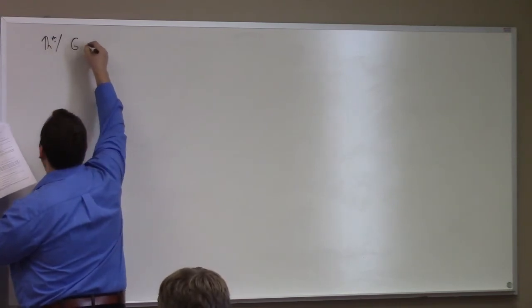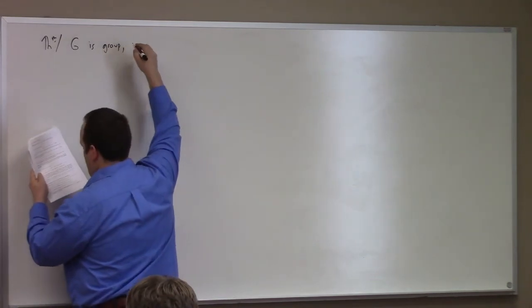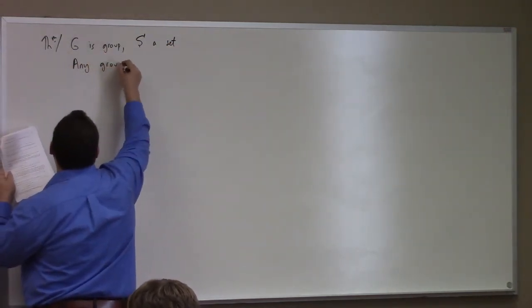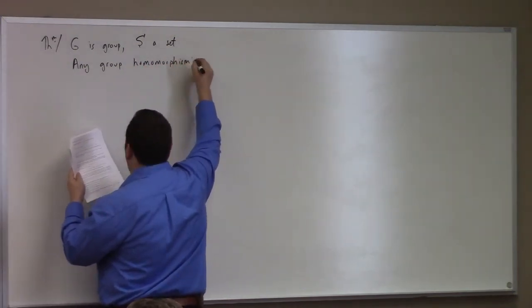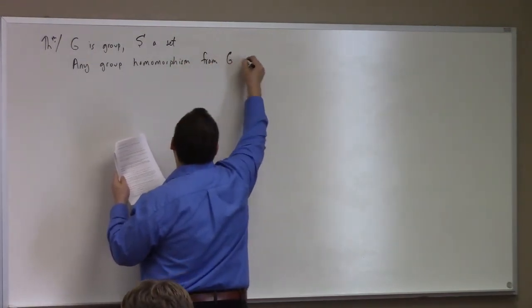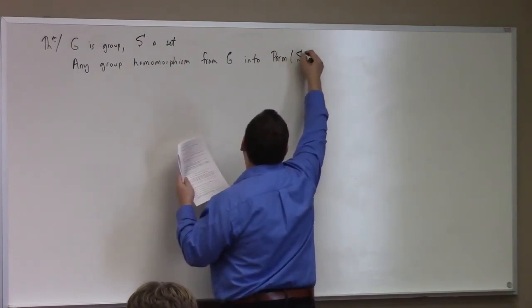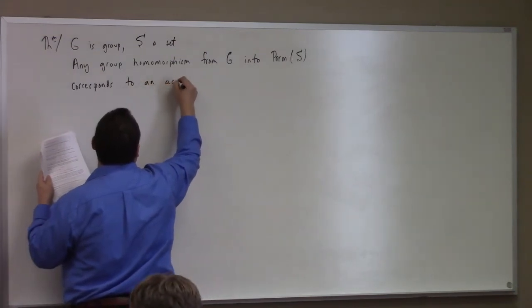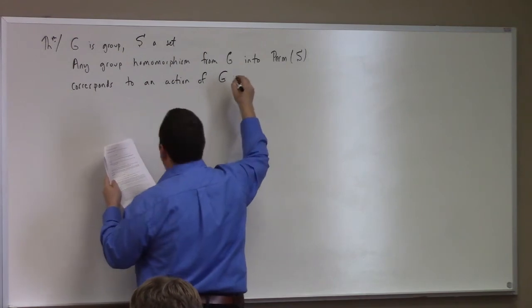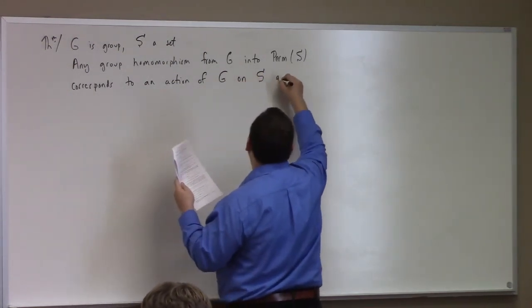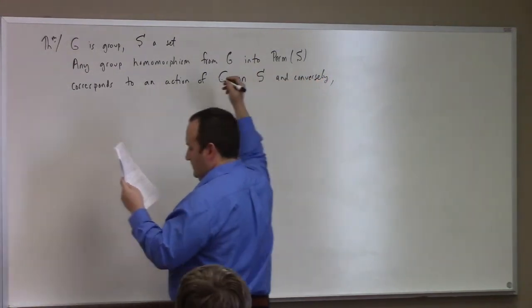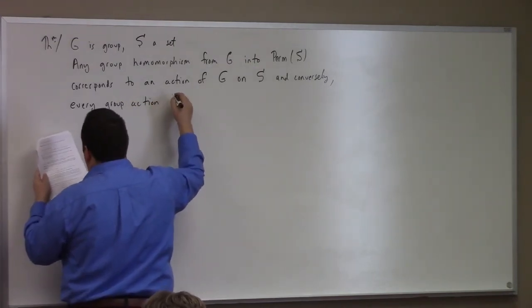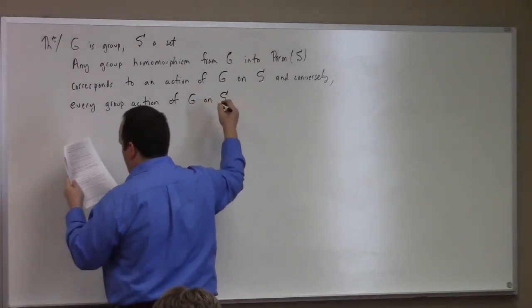If G is a group and S a set, then any group homomorphism from G into the permutations of S corresponds to an action of G on S, and conversely, every group action of G on S arises in this manner.